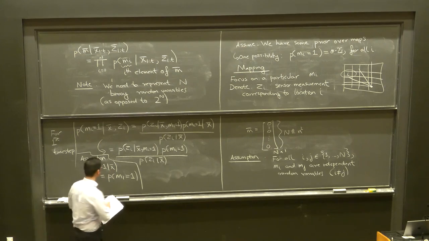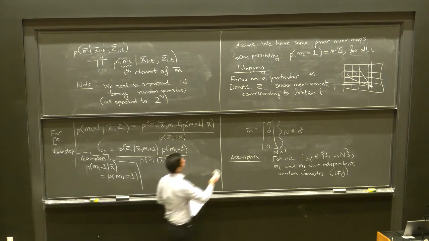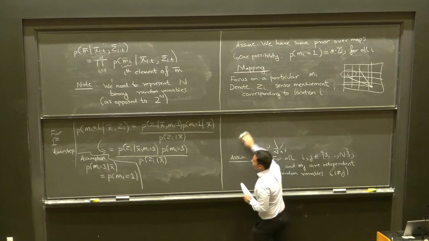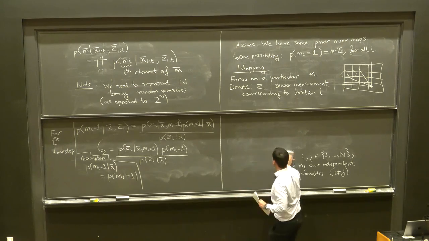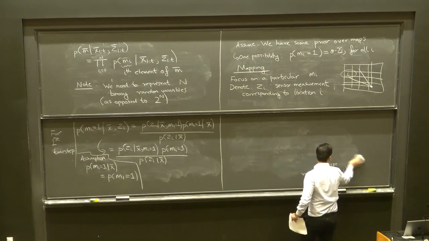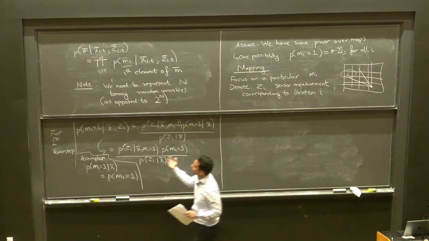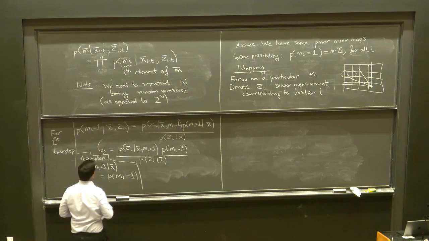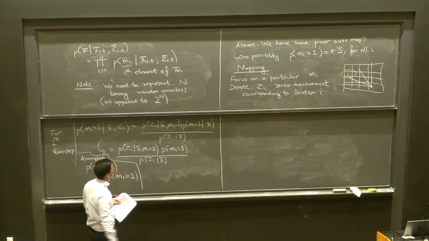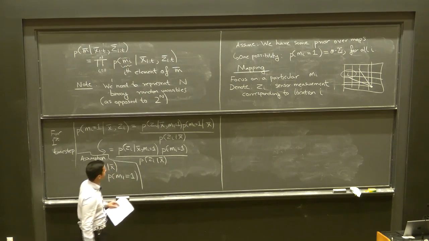Okay, let me explain the different pieces that show up on the right-hand side. The left-hand side is what we're trying to calculate. This is our updated belief about whether the ith cell is occupied given this new information that the robot received at the very first time step.